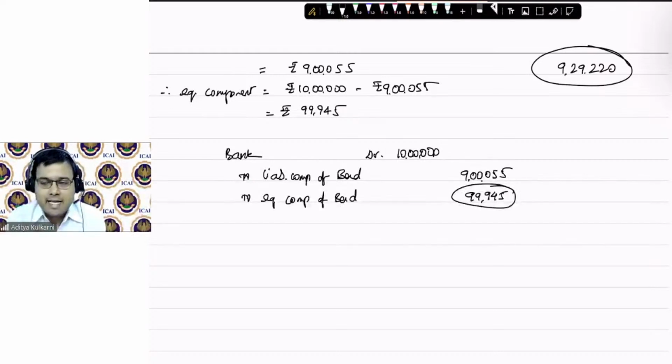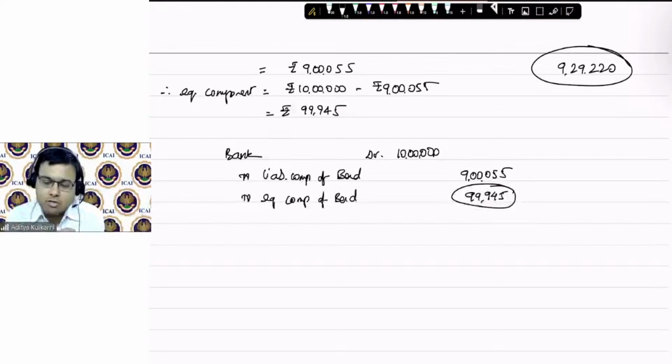But this is not plain vanilla. Along with this bond, I have attached a callable feature. So if I go to sell this bond in the market, will people pay me 9,29,220? The answer is no. They will say, the callback rights are with you; if market interest rates go down, you will call back the instrument at any time.